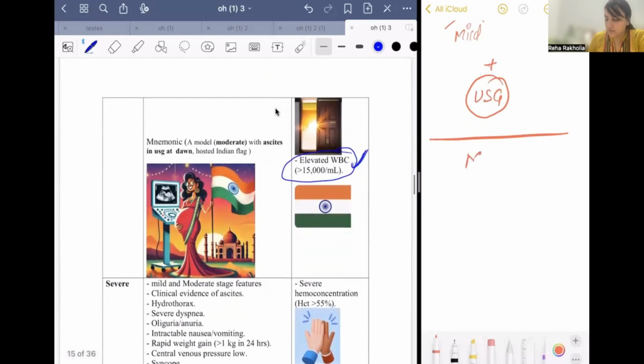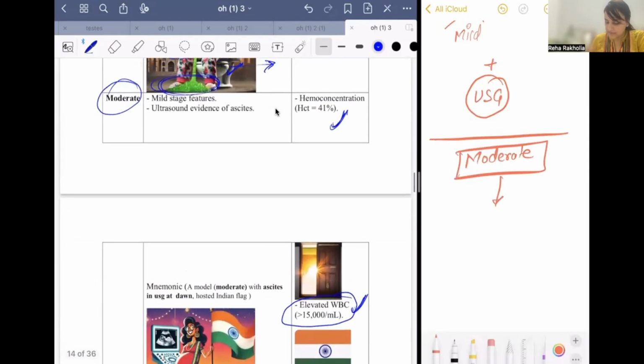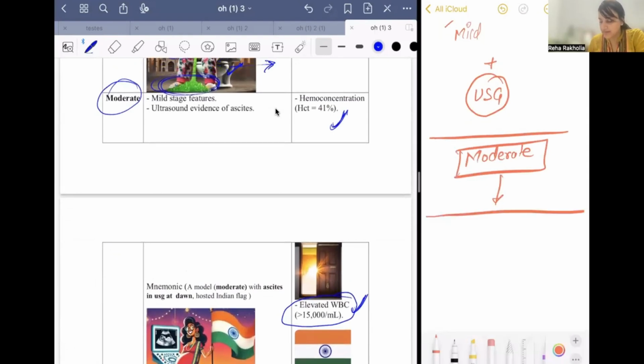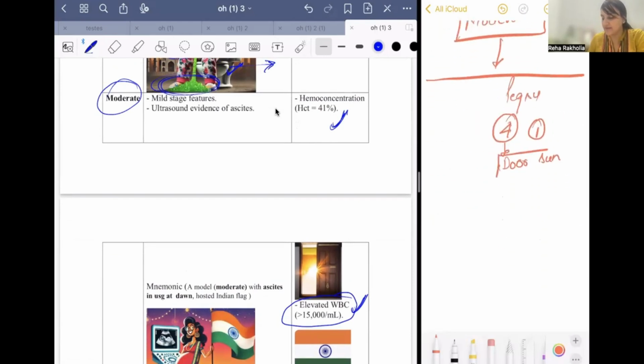For moderate, how will we remember? See, moderate I'm talking about. See this, there is a picture mnemonic 41. There is a peg system to remember number. Okay, so 41, 4 is door, 1 is sun. So basically I remember 41 number with dawn. Can you see the dawn? Okay.